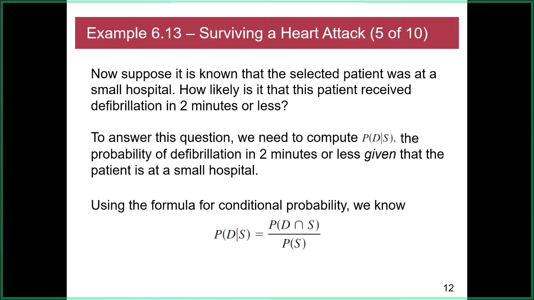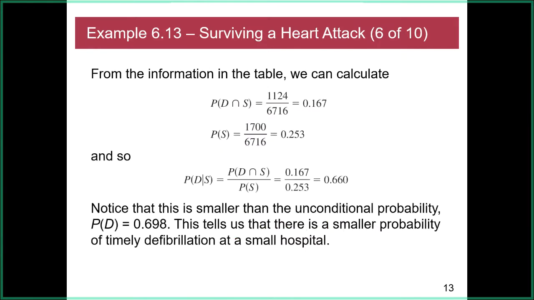The formula for the probability that they received defibrillation within 2 minutes, given that they're at that small hospital, is the probability of getting defibrillation within 2 minutes and being at a small hospital, divided by the probability of being at a small hospital.